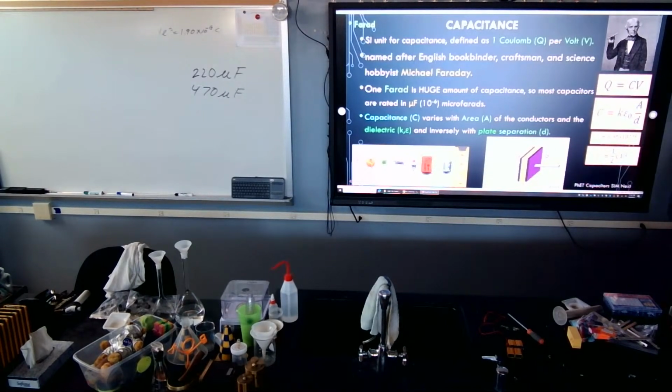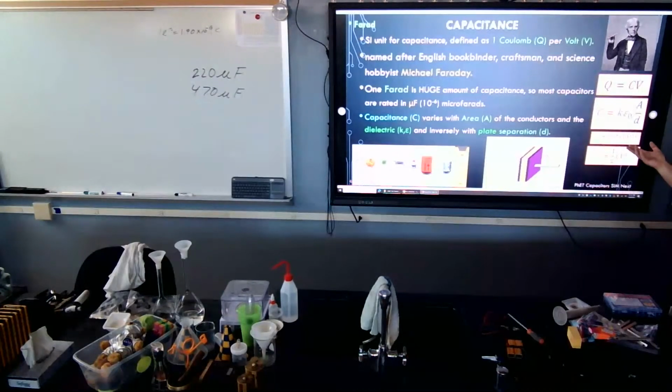And then the capacitance itself is based upon K epsilon naught. K epsilon naught is the dielectric constant. K is the dielectric constant, how good the dielectric is. And epsilon naught is how strongly an electron can push through it. Epsilon naught is a constant because it's only electrons that are pushing through.